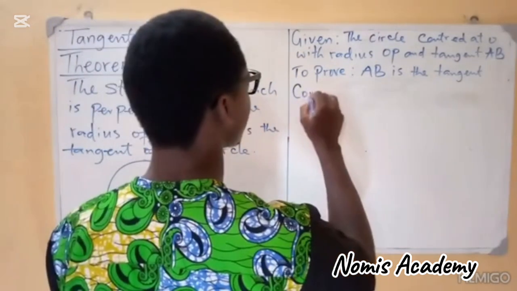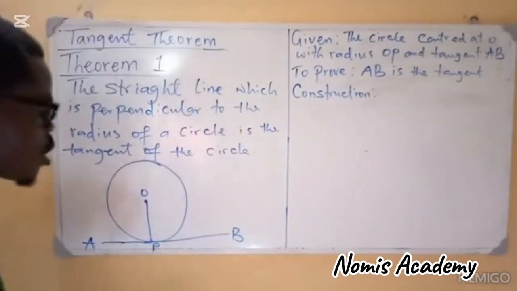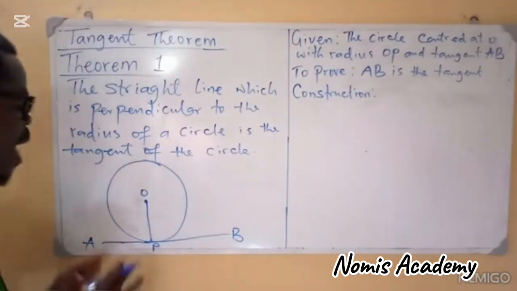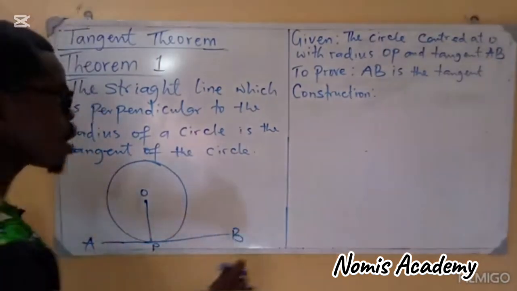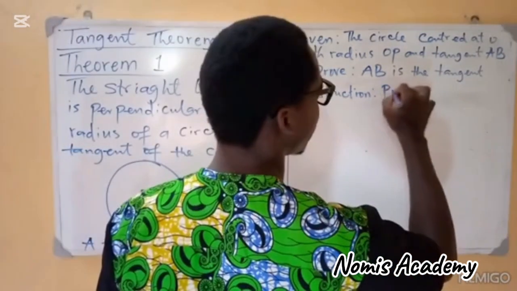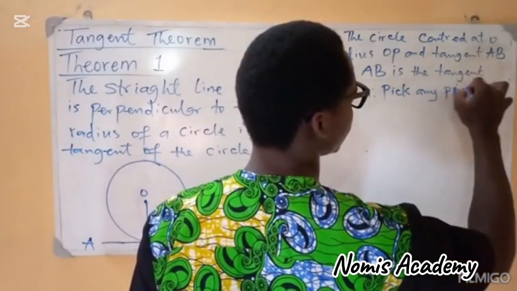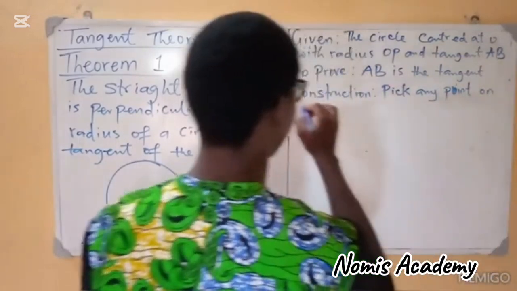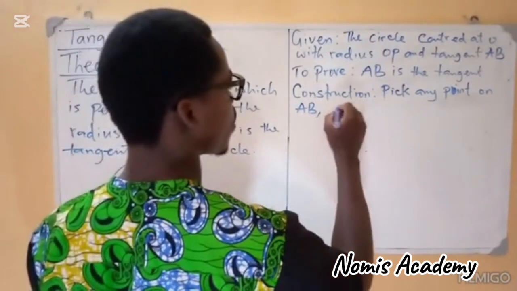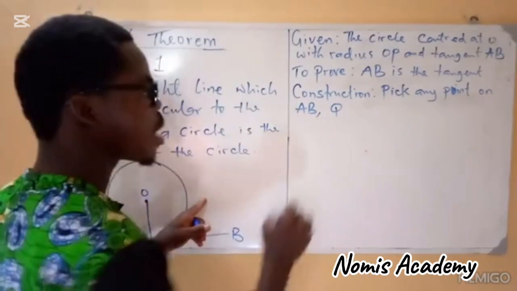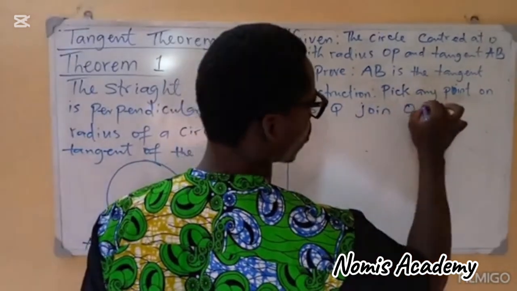Construction. Now we are going to pick at random any point on line AB. Call the point Q, and then join OQ.